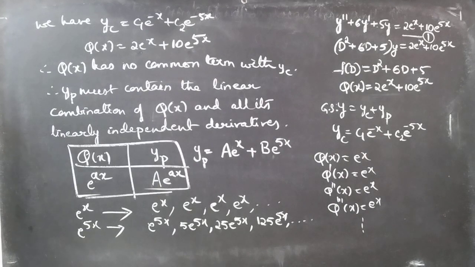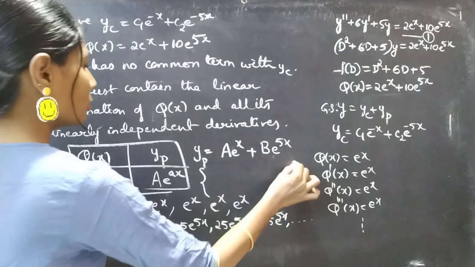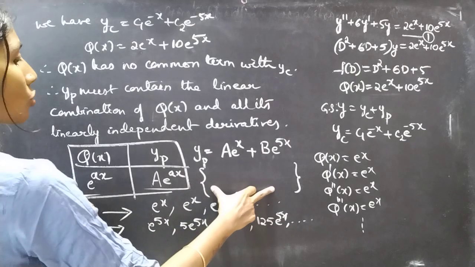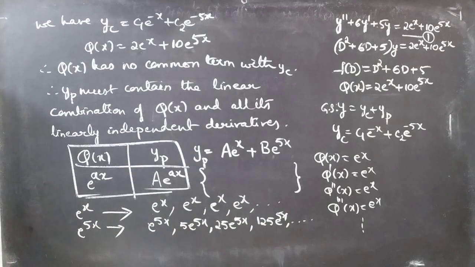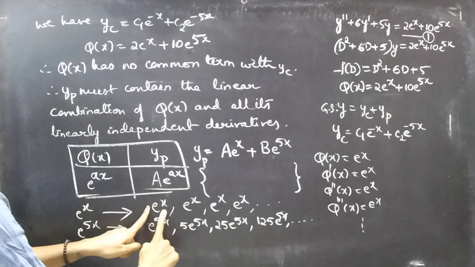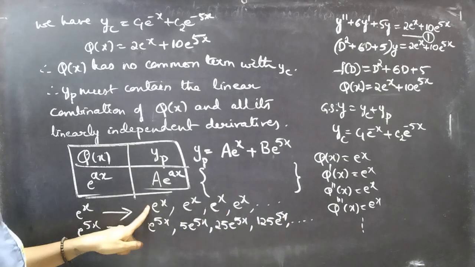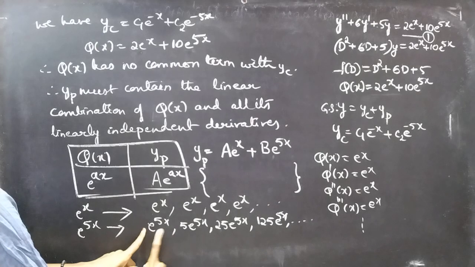Now we'll write the terms of q of x and all its derivatives in set form. Remember that the set should not contain repeated terms. See how many e power x we have, 1, 2 and so on, right? Only e power x and e power 5x.